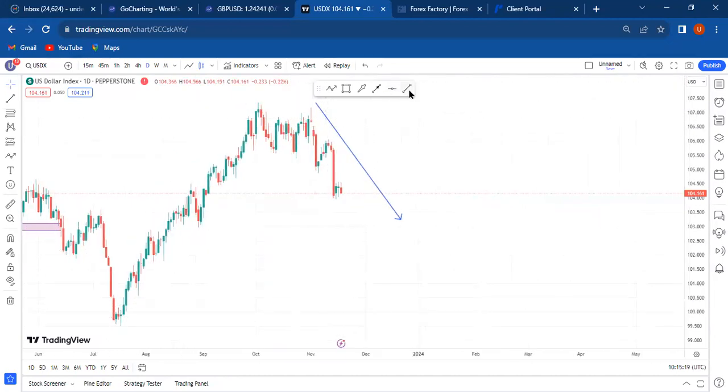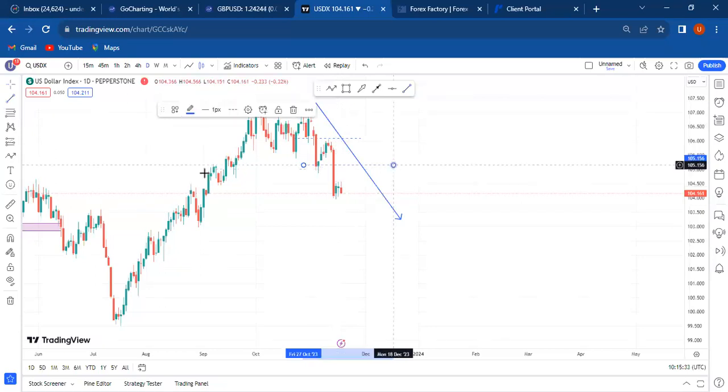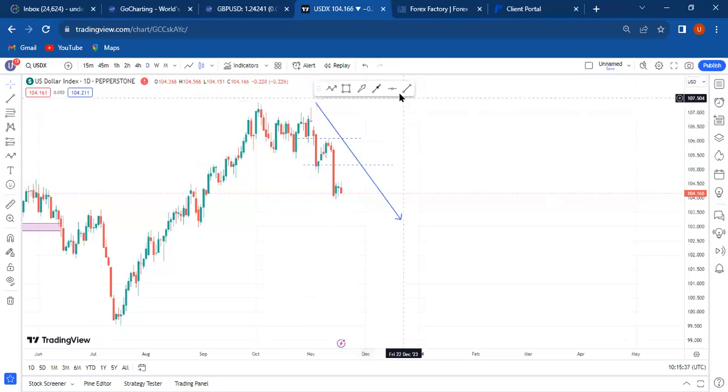So I'm going to mark it here as 1. This is a support resistance area, and this is another one. I was expecting price to come to this level, but price did not, though price reacted to this.